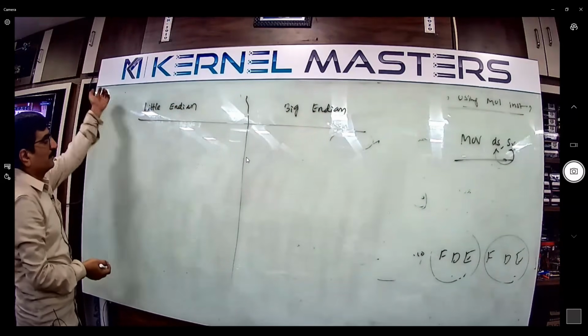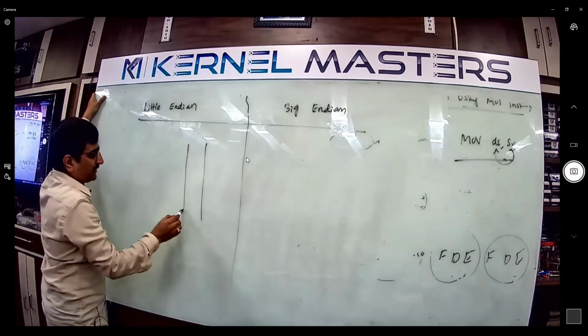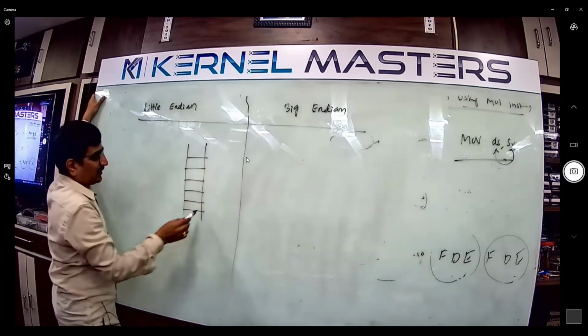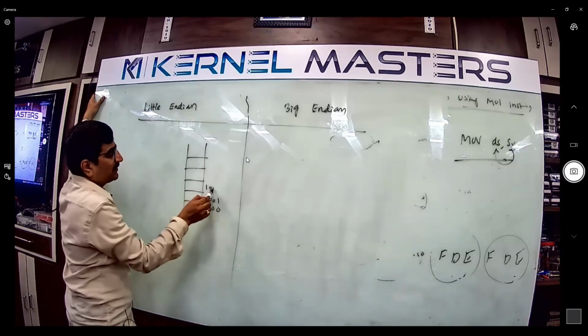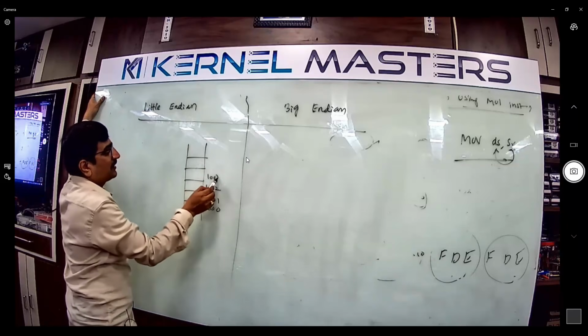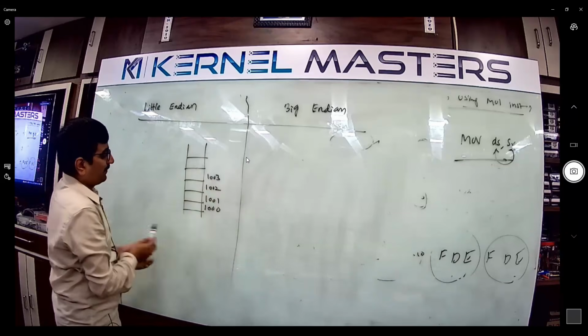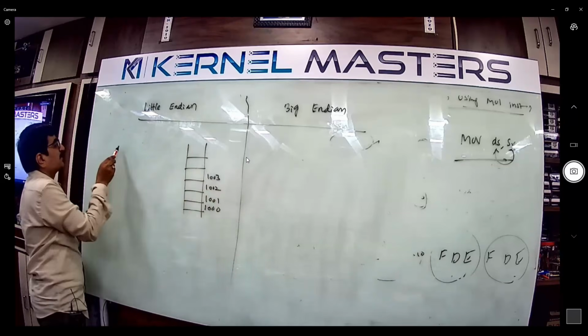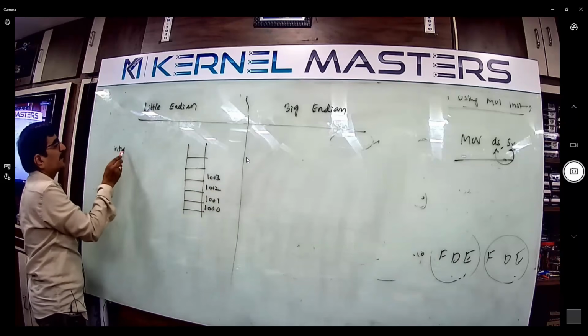For example, I'll take some example of memory. The address of memory 1000, next location 1001, next 1002, next 1003. Some memory locations. For example, in C programming, write an integer into 4 bytes.